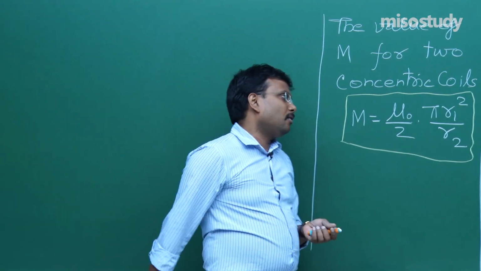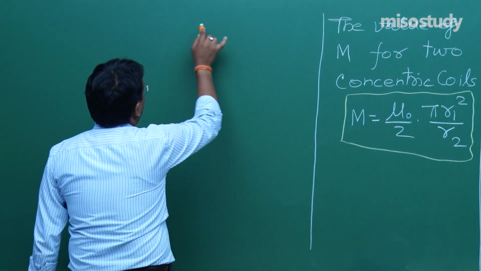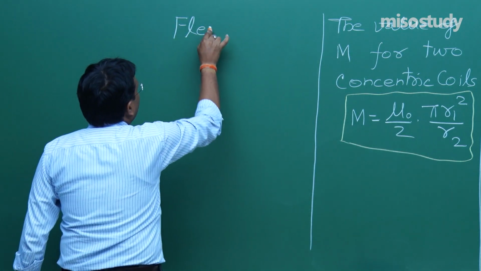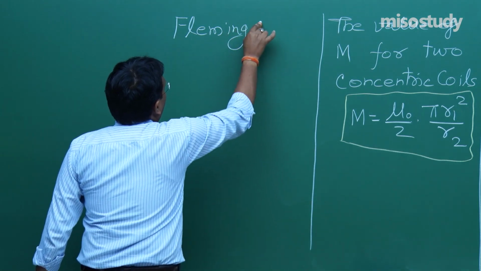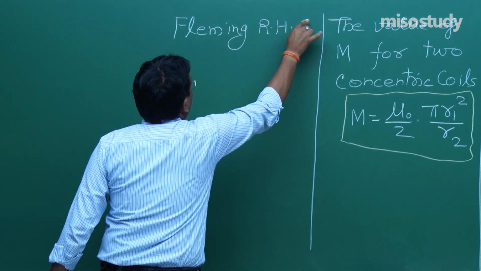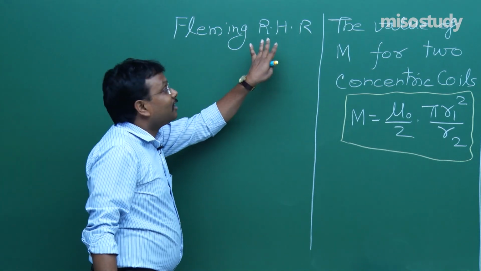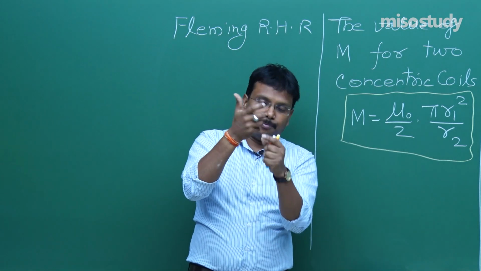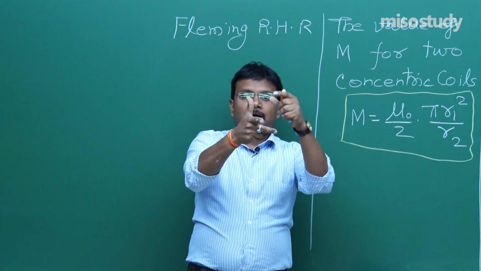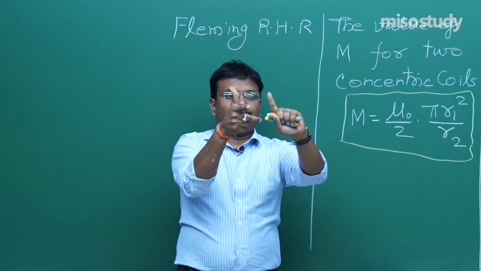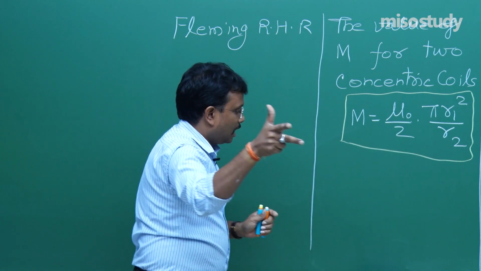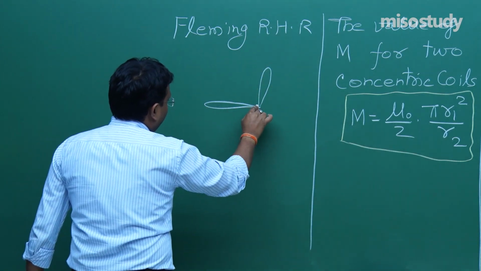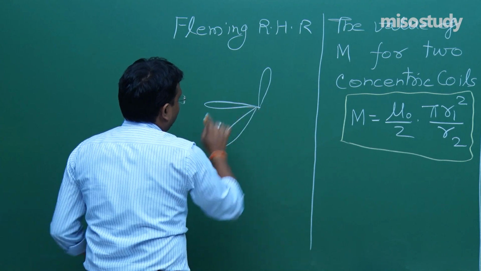So, just for a few seconds, one is Fleming's right hand rule, I am sure you all are aware of this rule, not RHS, right hand side, right hand rule. This is my right hand in which I am wearing this simple ring. So, thumb, first finger, second finger. I am trying to draw it over here. Thumb, first finger, and then this one is the second finger.